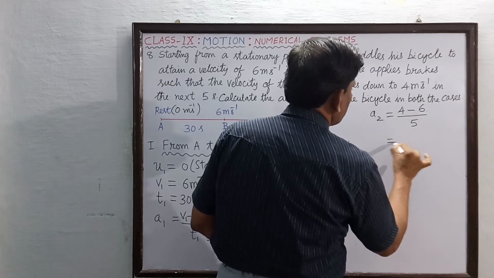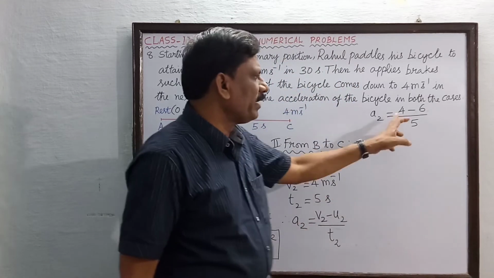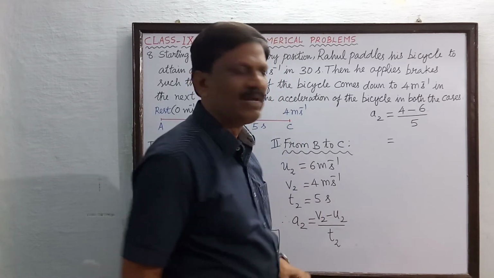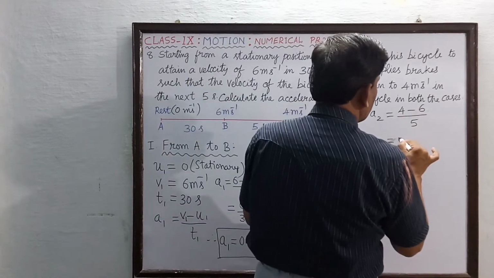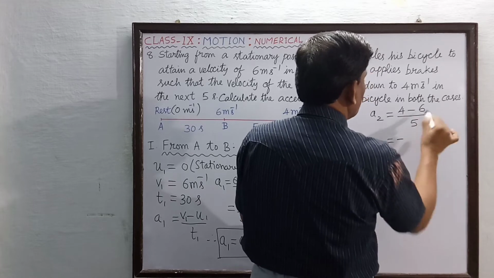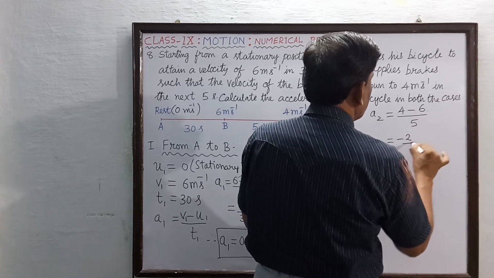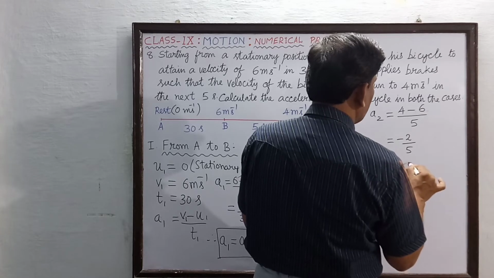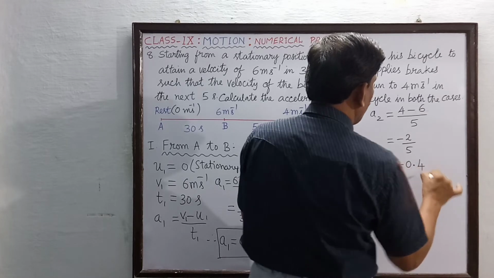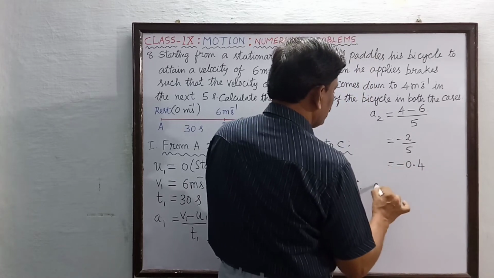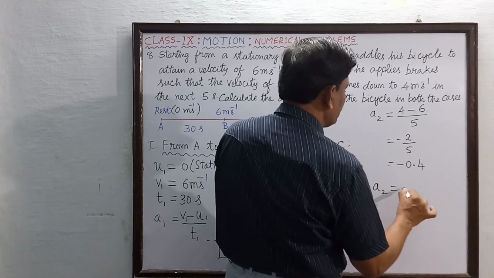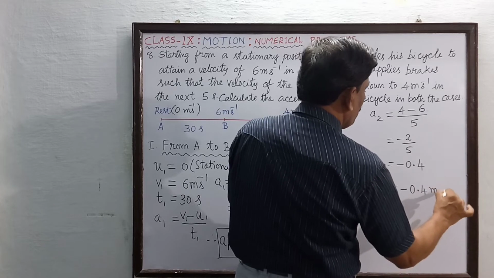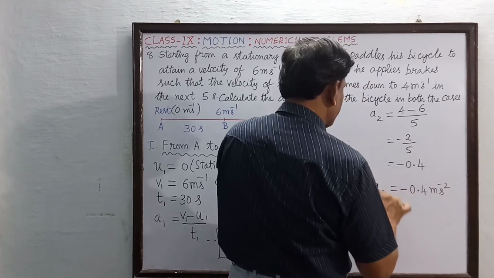So this is equal to 4 minus 6, which is minus 2. Take care of the symbols and the signs. The sign is negative. So this is minus 2 divided by 5, and this is equal to minus 0.4. Therefore, the acceleration a2 is equal to minus 0.4 meters per second square.